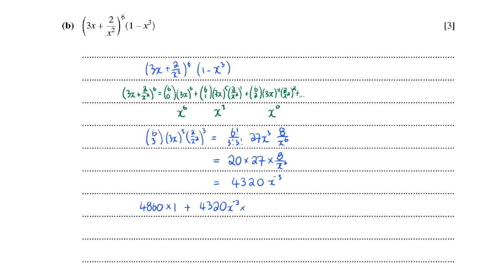We're going to multiply that by -x cubed, because the x cubed is going to cancel with the x to the -3. But that minus sign on the x cubed stays there, and so our answer is actually 4860 minus 4320, which is 540.